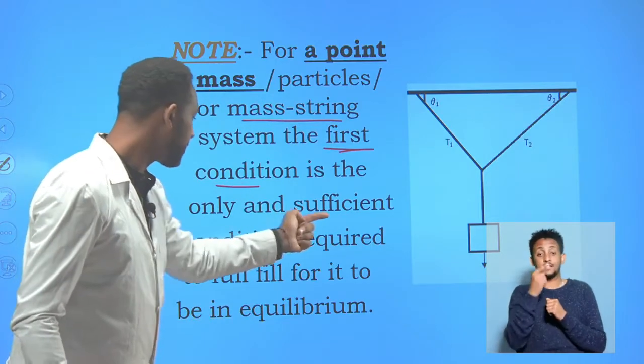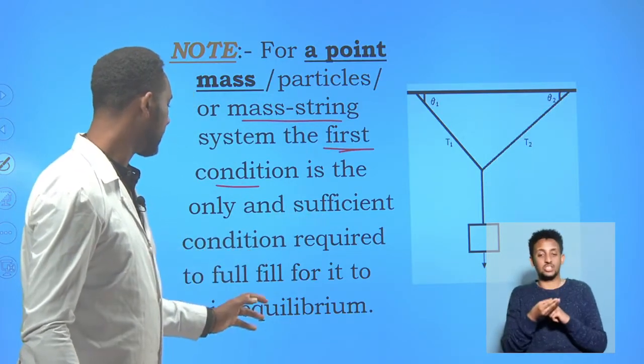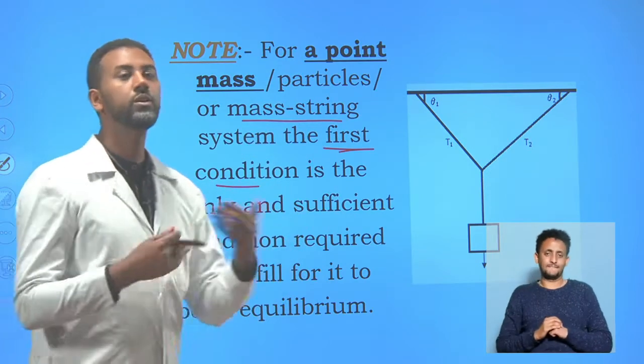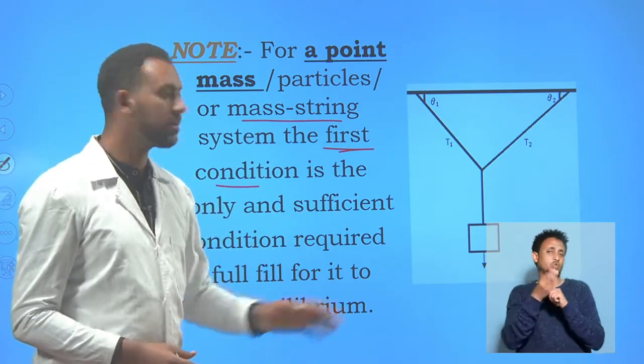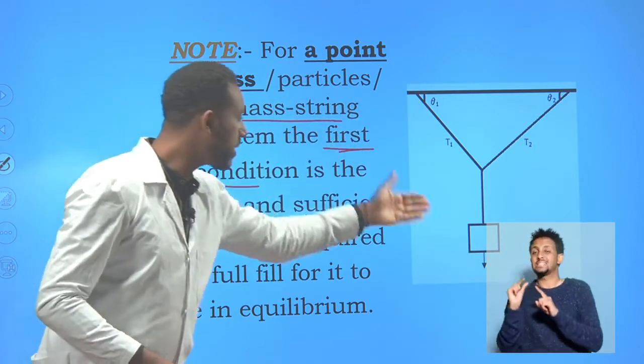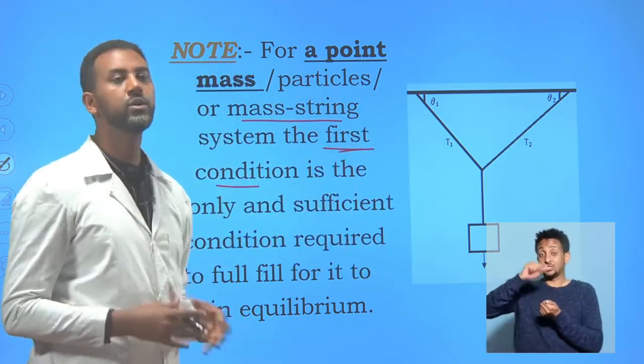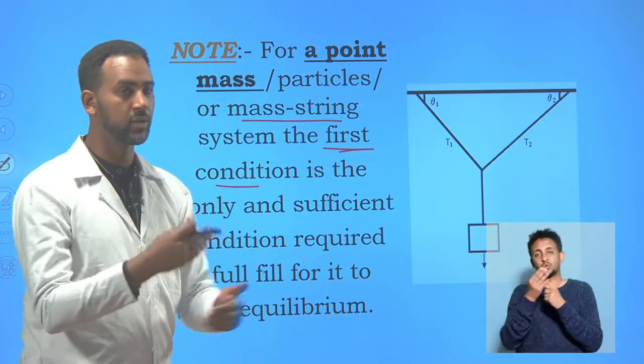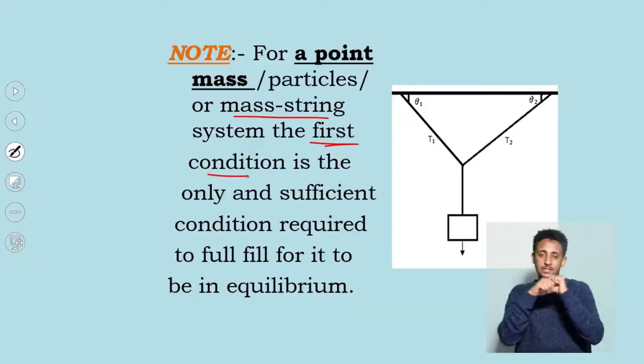You don't need to use the second condition, or rotational condition, for a point mass, a particle system, or a mass string system.